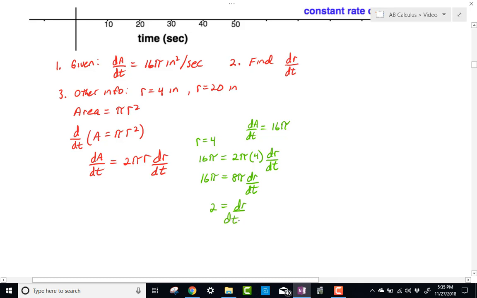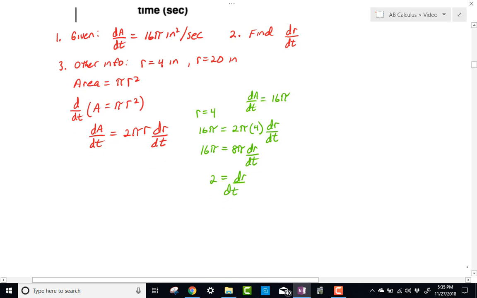What does that mean? First of all, we need some units. So dr dt equals 2, and this is the radius, so this is inches per second. So what does that mean?